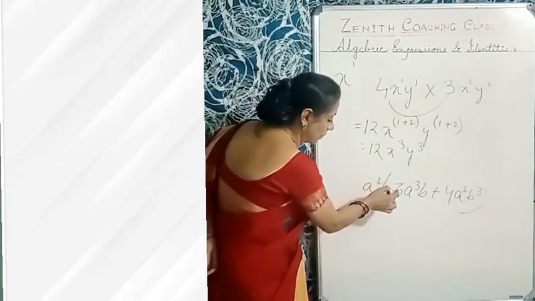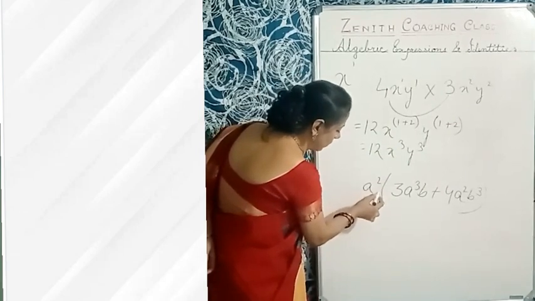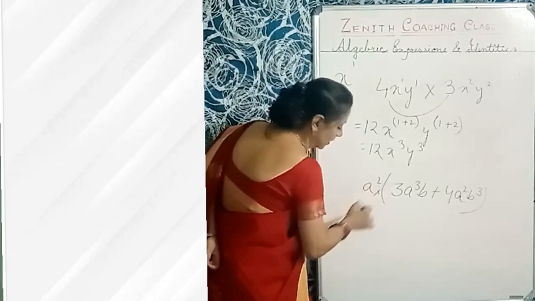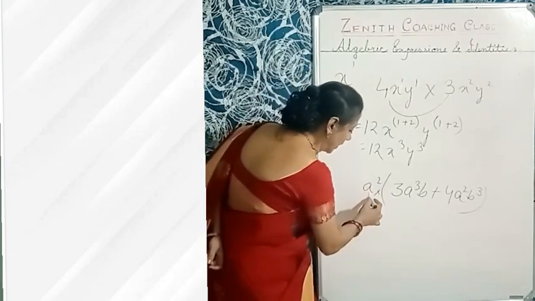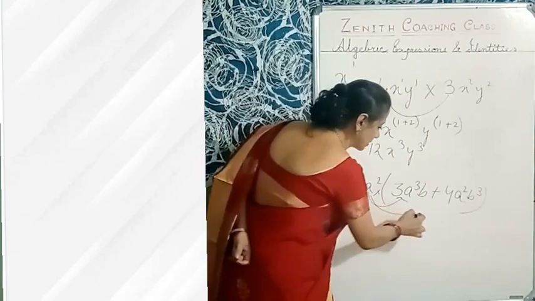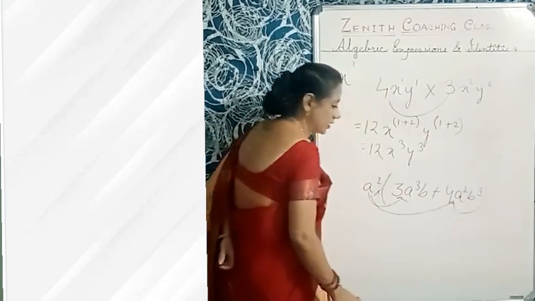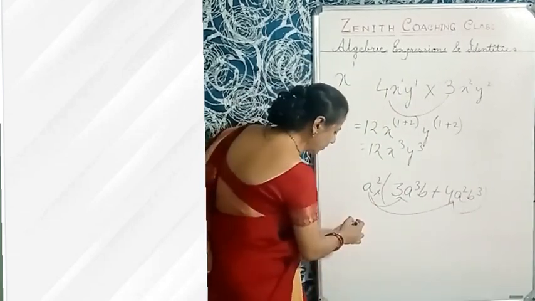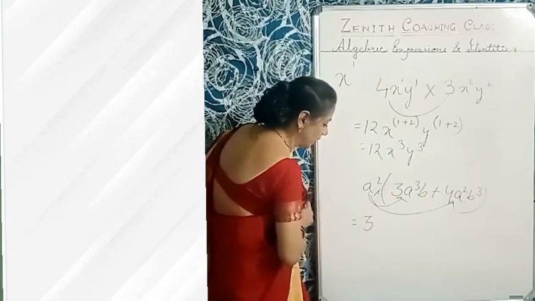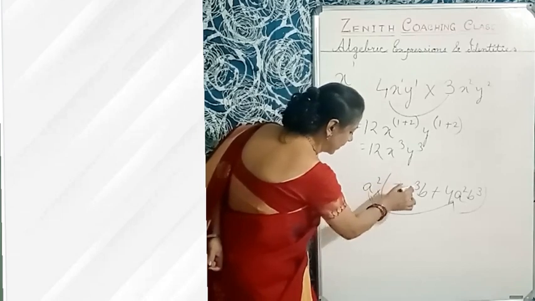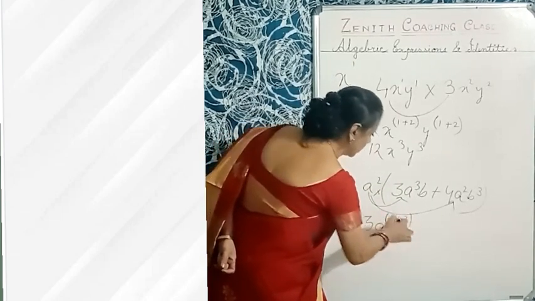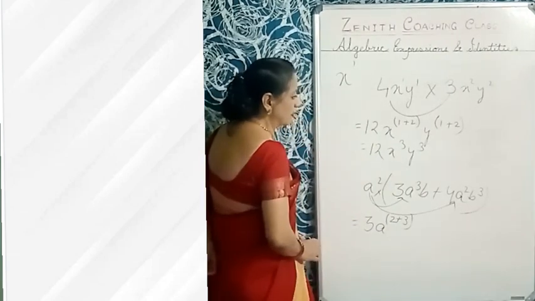Now it's in the bracket, so here is a multiplication sign. You have to multiply a with 3a cube b, and then a with 4a square b cube. So what will you write? 3, the numerical coefficient first. Here a is 2, here a is 3, that is a to the power 2 plus 3. You have to do this summation.